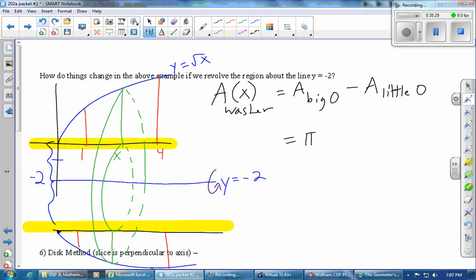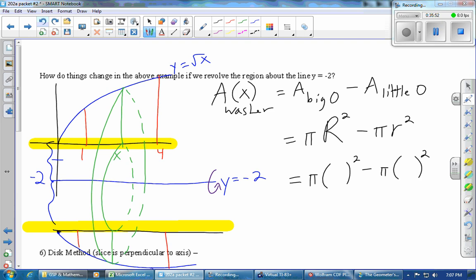And we're going to symbolize this. We know it's pi r squared. I'm going to use pi r squared for the little circle. I'm going to use pi capital R squared for the big circle. And in fact, every time we have a washer problem, it's going to look like that. Pi capital R squared minus pi little r squared. So this equals pi times something squared minus pi times something squared.